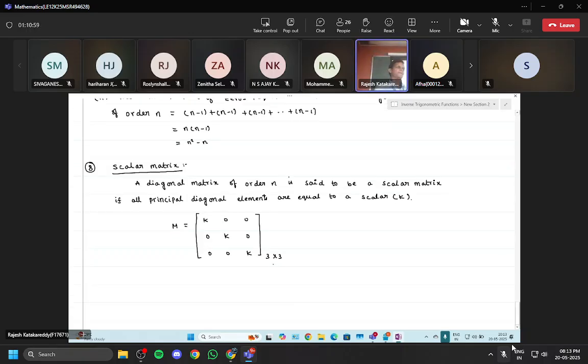Right? If you attended the morning session, I told you about the null matrix as well. Null matrix is both symmetric and skew symmetric, upper triangular, lower triangular, diagonal matrix, scalar matrix. Right? Anything else I left? If you remember anything, just let me know.